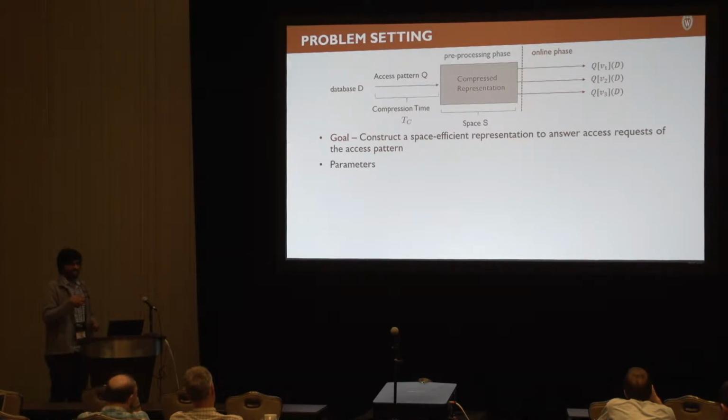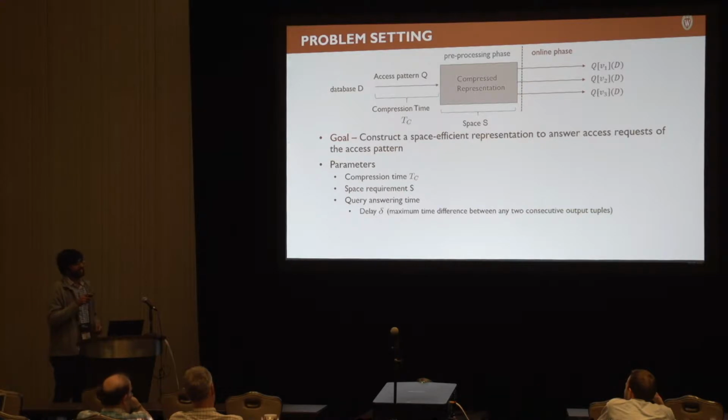And we will study the trade-offs in terms of the following parameters. We will look at the trade-off between the compression time, the space requirement of a data structure, and the query answering time. Here we will consider two different notions of query answering time. First is the delay requirement that we want for any particular instantiation of the query.